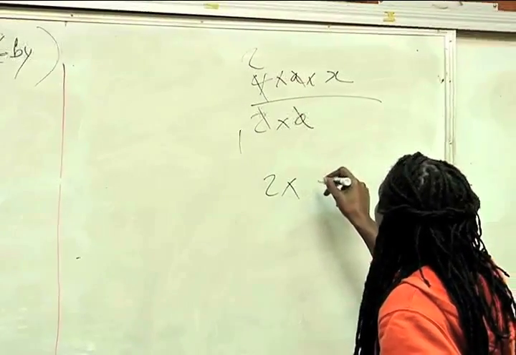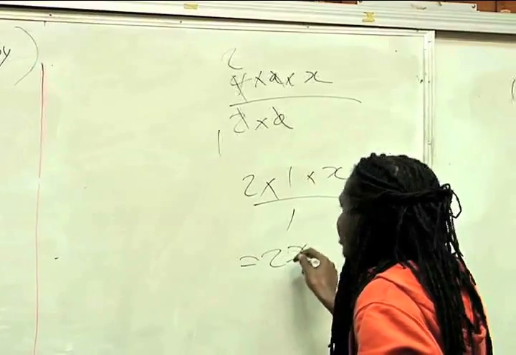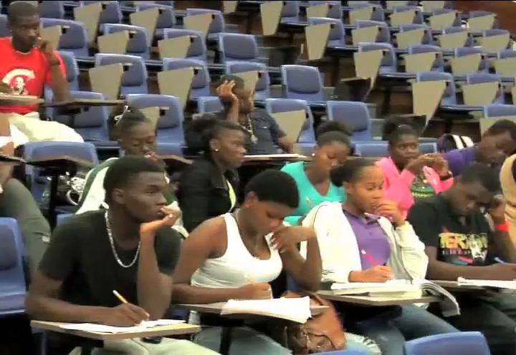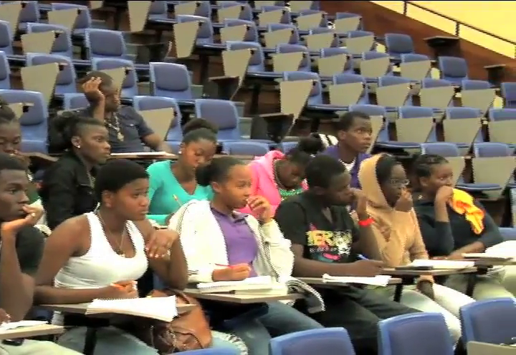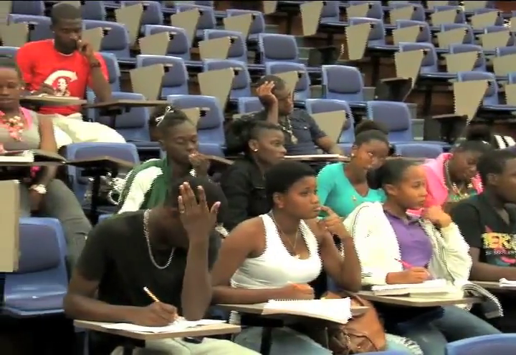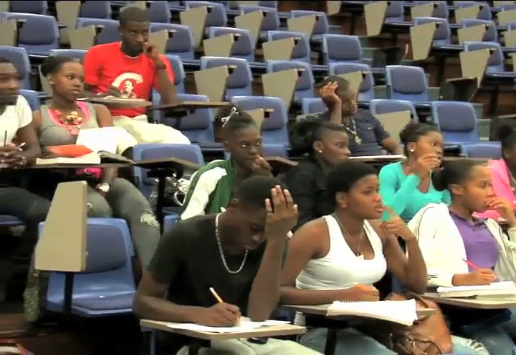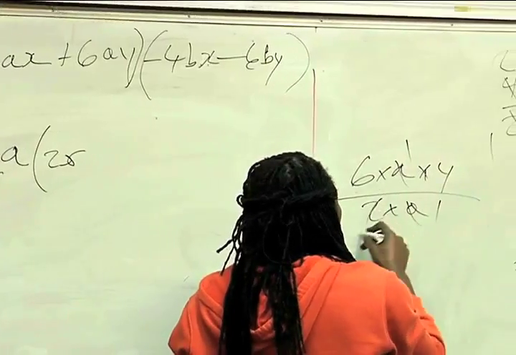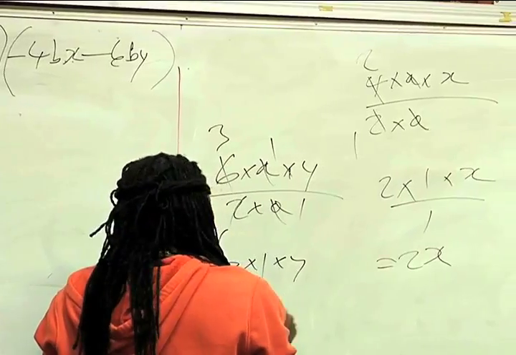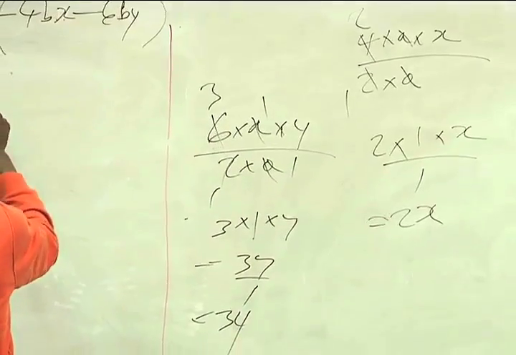So that's 2 times 1 times x over 1, which equals 2x. So right here you put 2x. 6ay is equal to 6 times a times y over what is outside the bracket, 2 times a. a into a is 1, 2 into 6 is 3, equals 3 times 1 times y over 1, equals 3y.